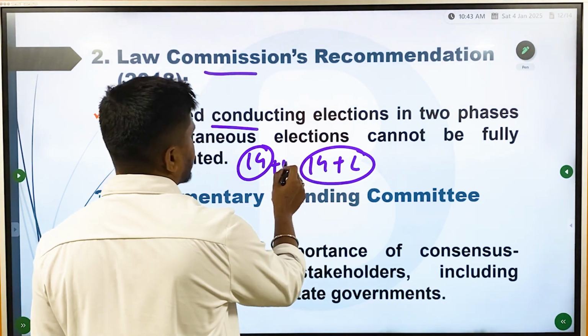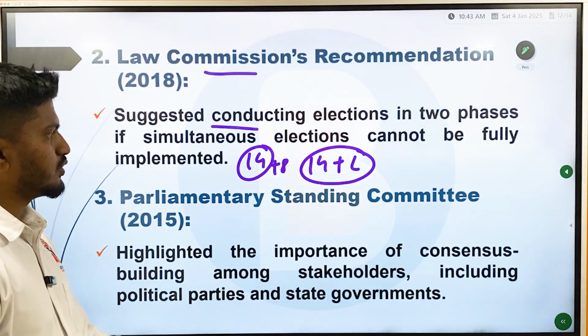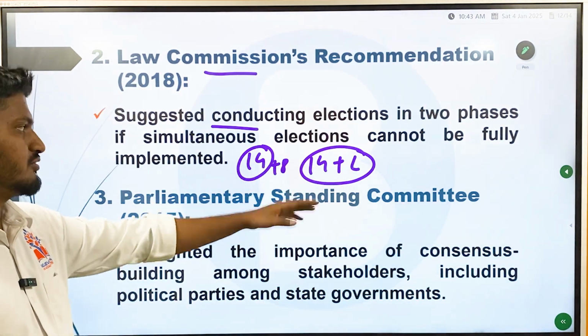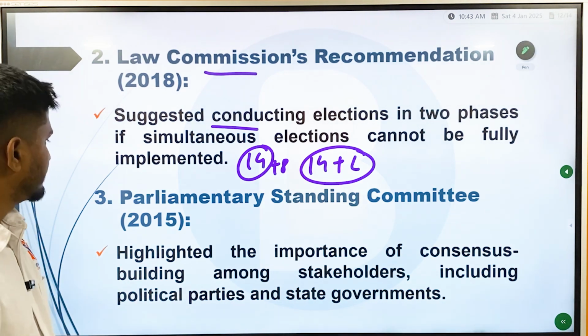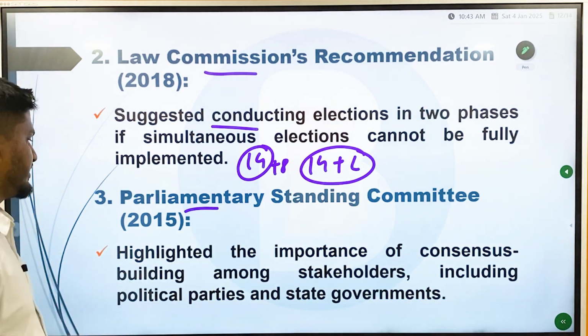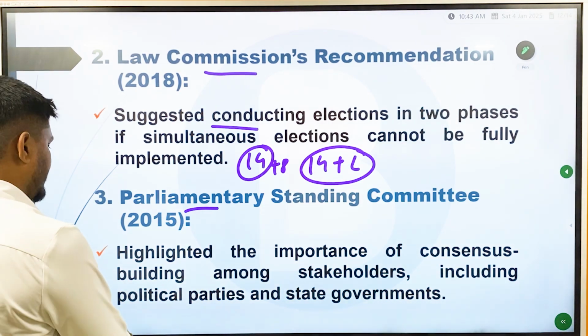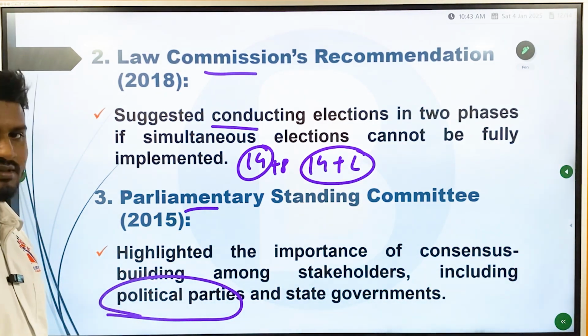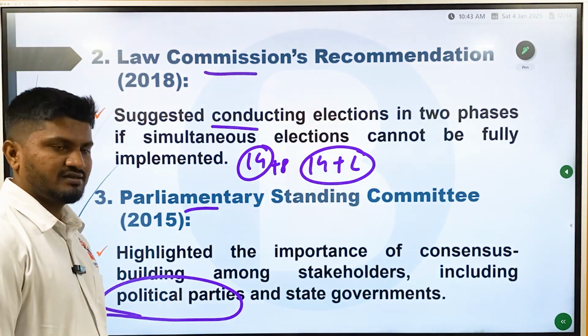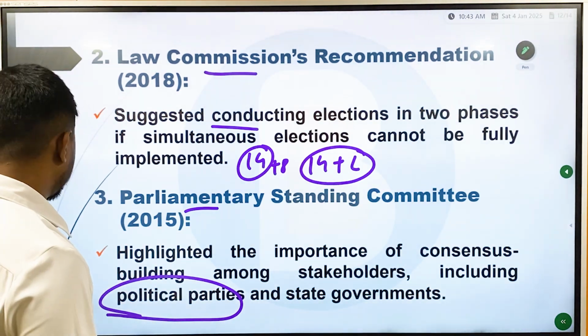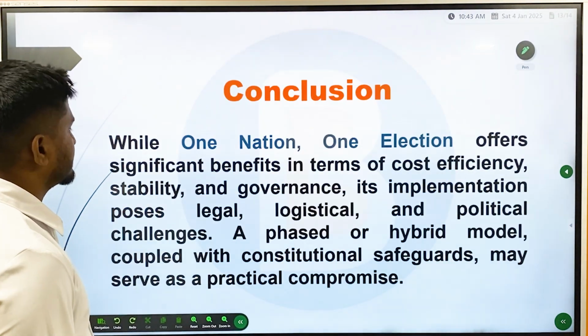Then the parliamentary standing committees highlighted the importance of consensus building among stakeholders, including political parties and state governments. A big step like this should be brought based on consensus building between the stakeholders.